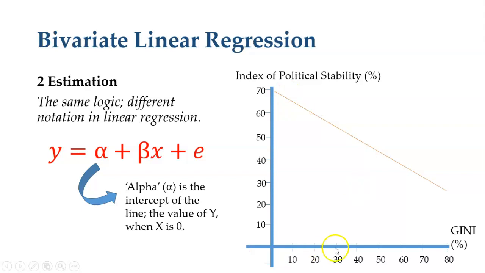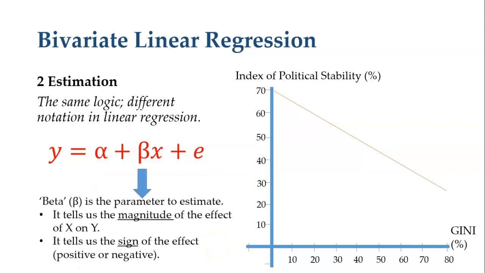So in this example, we're saying that alpha takes the value of 70 when the Gini coefficient takes the value of 0. So a country that is perfectly equal tends to have high levels of political stability in this mock example. Okay.